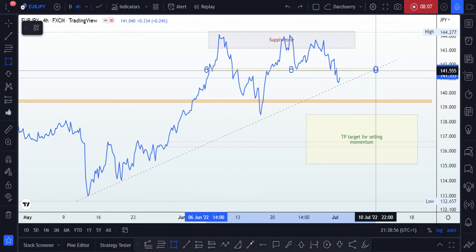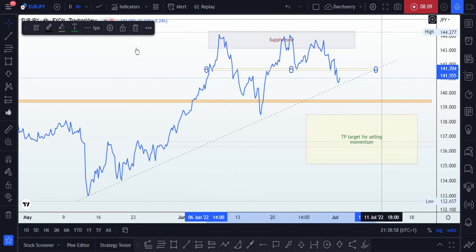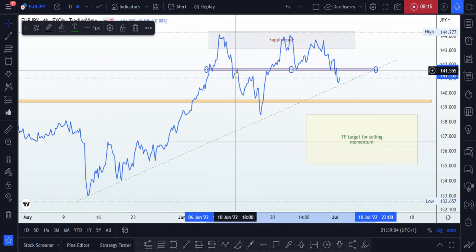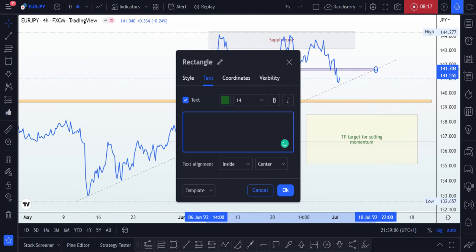So I would like to give this a purple color to differentiate it from the major key level we identified earlier. Let's label it, temporary key level at 141.700, which I want to place at the top right hand side of my screen.